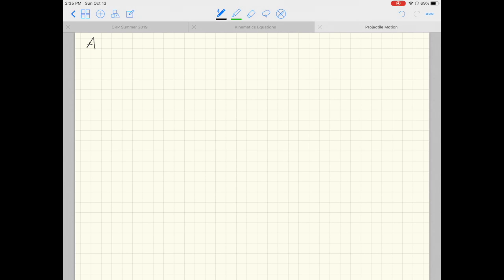Now, how do we solve angled launch problems? These are a little bit different, even though the concept is the same. So let's say we have a cannon that's being launched up at an angle theta. If you remember from vectors, we do not like to have something like this.